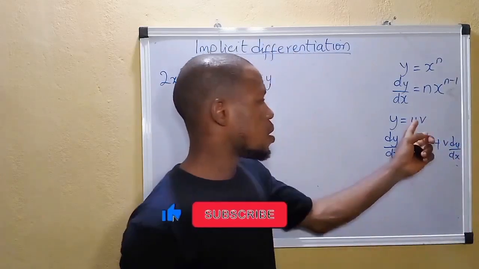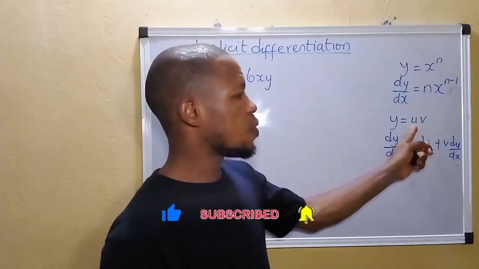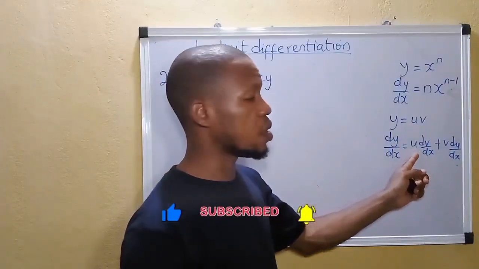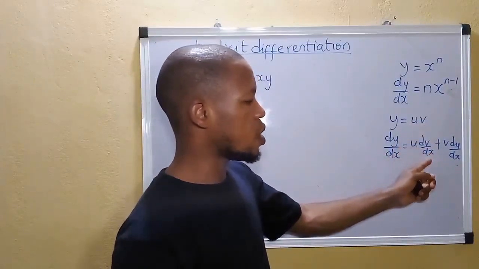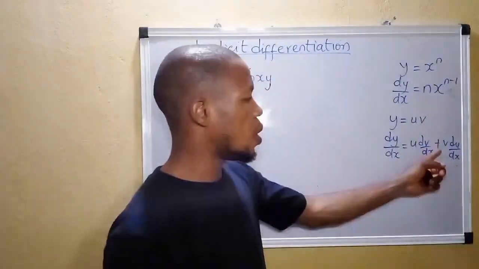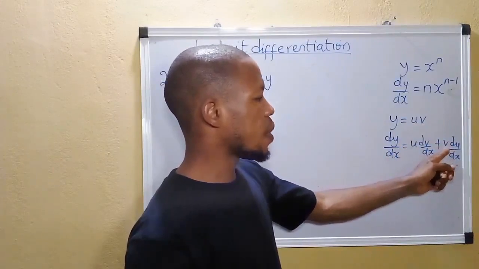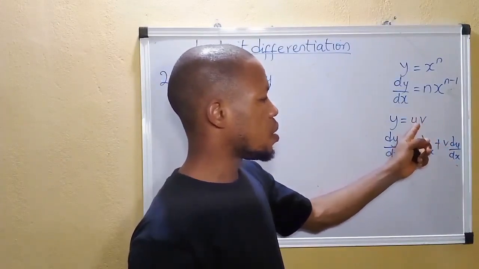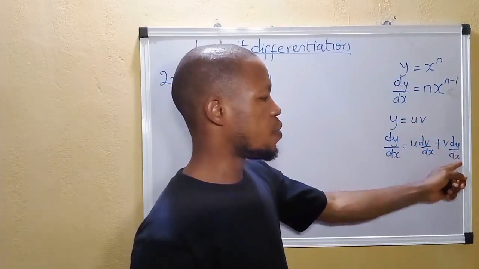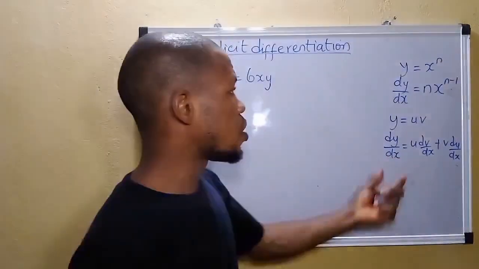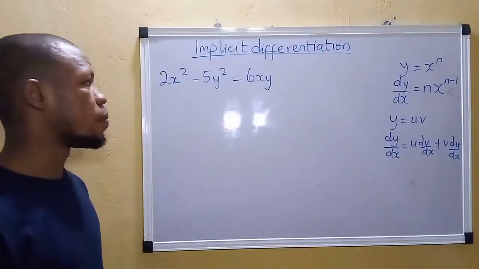Observe that the first function, u, is kept constant, whereas the second is differentiated with respect to x. Plus the second function kept constant, then the first is differentiated with respect to x. So we are going to apply all this to solving this problem.